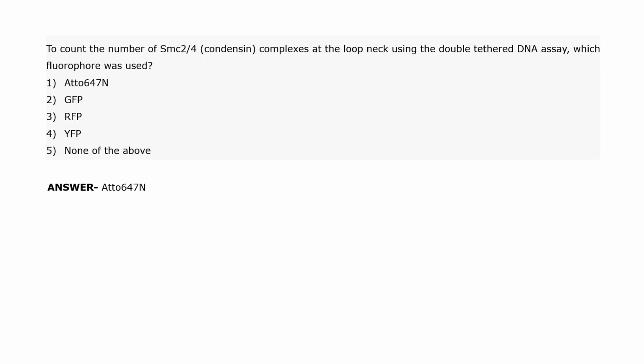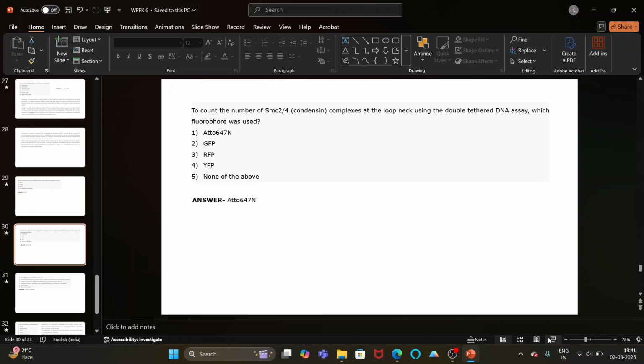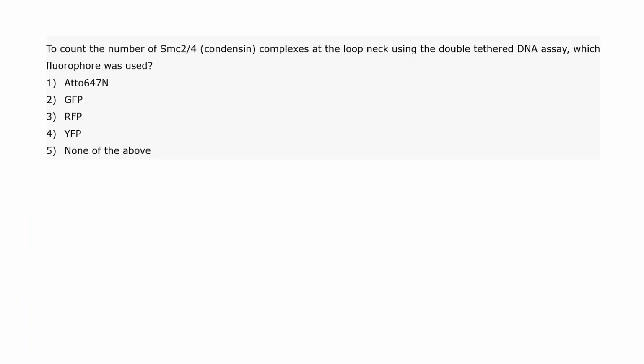Yeah, basically you are right. It's actually a fluorophore in this case, and it gives a reddish to orange kind of color. The lifetime of this particular fluorophore is quite high as compared to other fluorophores, and as compared to GFP, RFP or YFP, it is not a bulky group.